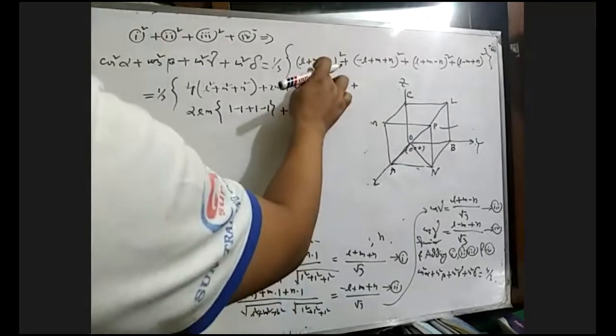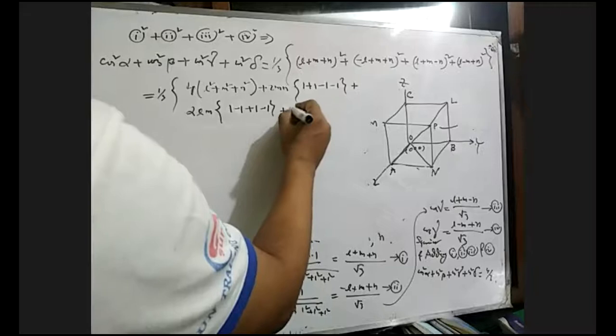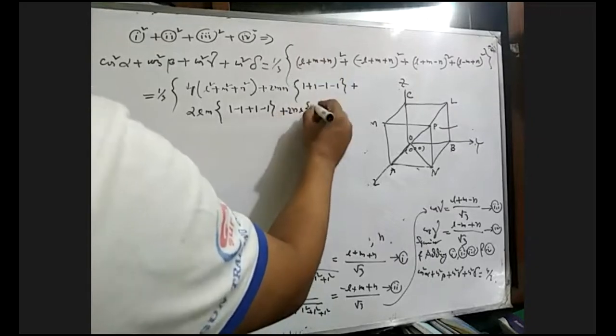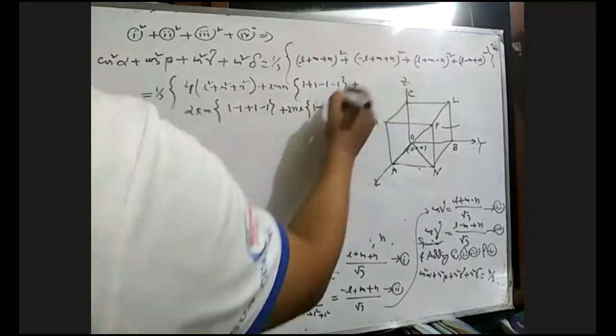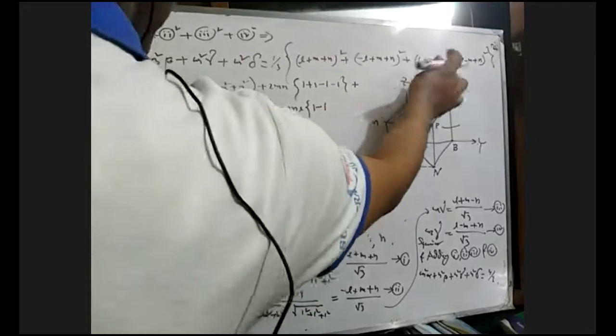Twice lm, coefficients 1, minus 1, 1 and minus 1. Twice nl, coefficients 1, minus 1, minus 1 and 1.